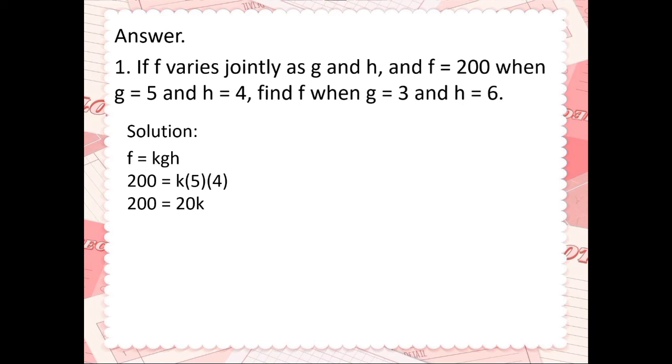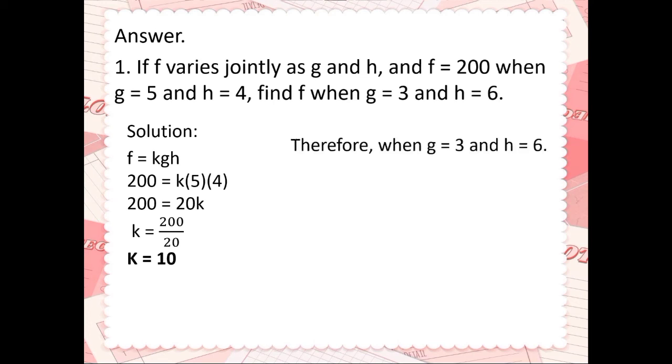200 is equal to 20K. Divide both sides by 20. Then we will be having K is equal to 200 over 20. Then 200 divided by 20. So the value of our K now is 10.